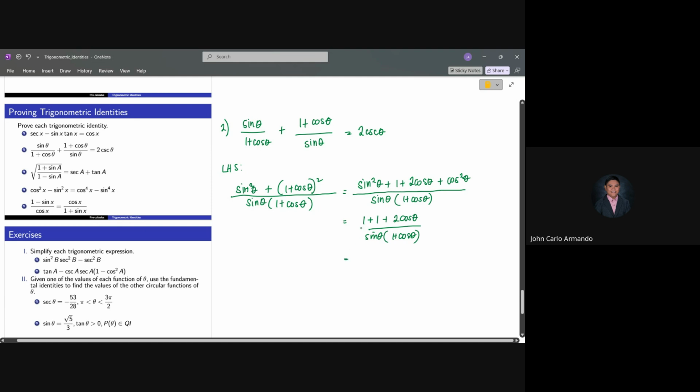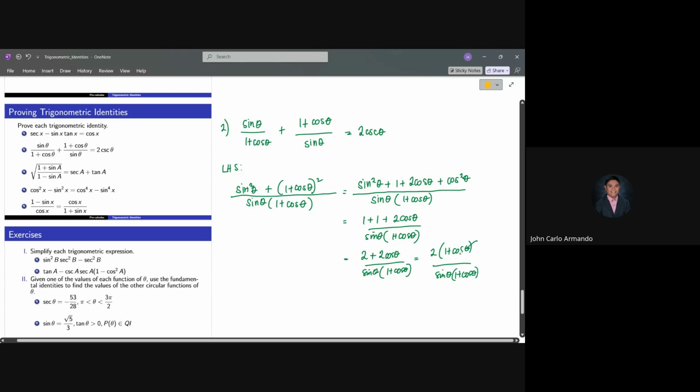And we now have 1 plus 1, that is 2, plus 2 cos theta all over sine theta times 1 plus cos theta. By factoring, we have a common factor of 2, factor out 2. That's 2 times 1 plus cosine theta divided by sine theta times 1 plus cos theta.